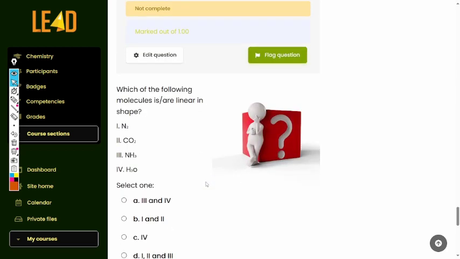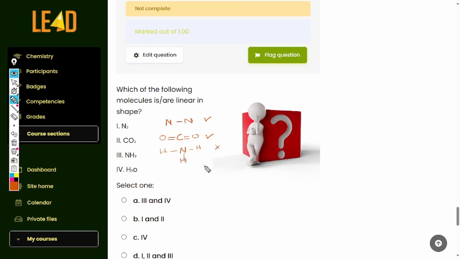100. Which of the following molecules is or are linear in shape? So let's find out which ones are linear. A nitrogen molecule would give us this, so this is linear because it's straight. Now CO2 is also linear. NH3, nitrogen bonded to 3 hydrogen atoms, is not linear.